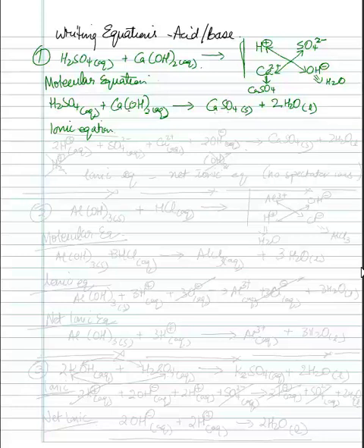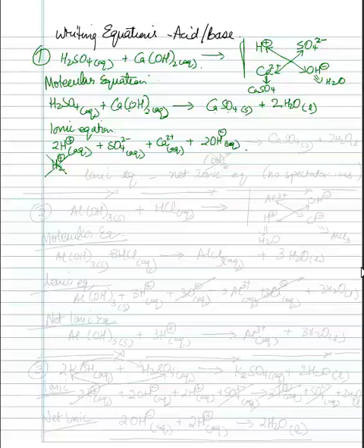Alright, ionic equation then. So we dissociate the H2SO4, sulfuric acid. Now we put the 2H plus over here. Remember, no H2, this is not happening, so don't write that at all. SO4 2 minus aqueous, plus calcium 2 plus aqueous, plus 2 hydroxide aqueous.